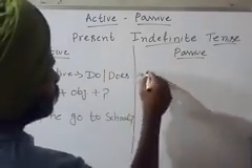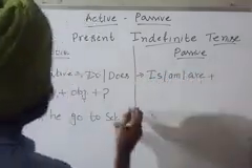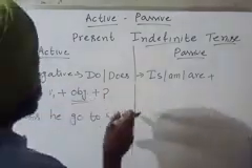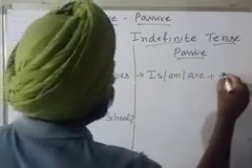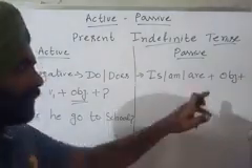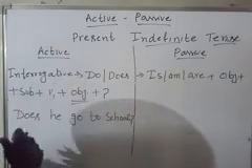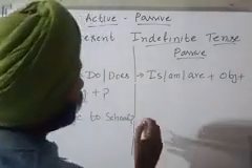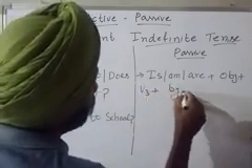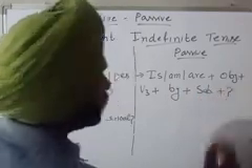So how can we change it into a passive sentence? We use is, am, are before the subject. So what will be the subject of the passive? The object of the active sentence. So here we write object. Object does not mean we need to use the word object in a passive. Object means the object of the active sentence. Then we use verb third, then we use by, then we use subject, and then end the sentence with a question mark.